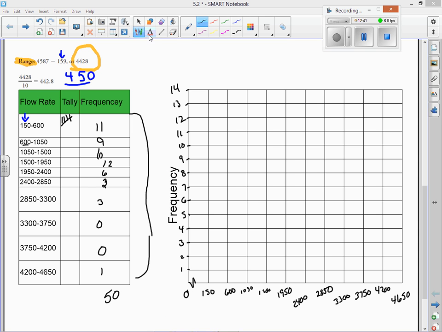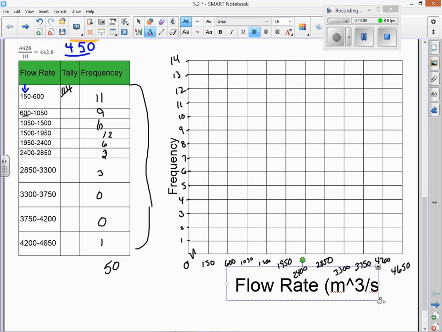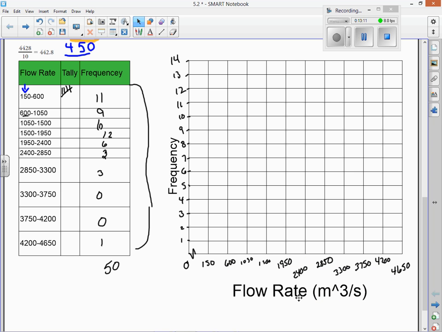Frequency is here, and on the bottom here, this should be flow rate, and that's in meters cubed per second. And we take one last check back at our bins. We'll make sure we have the same ones here.